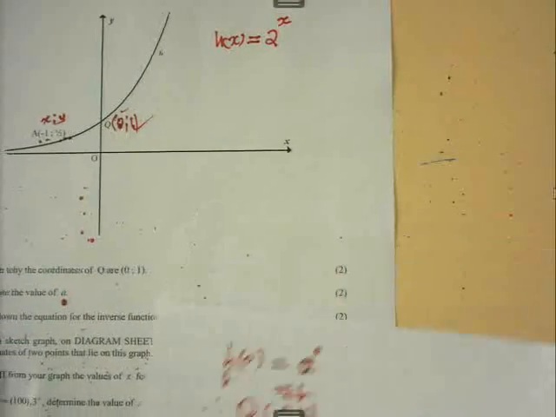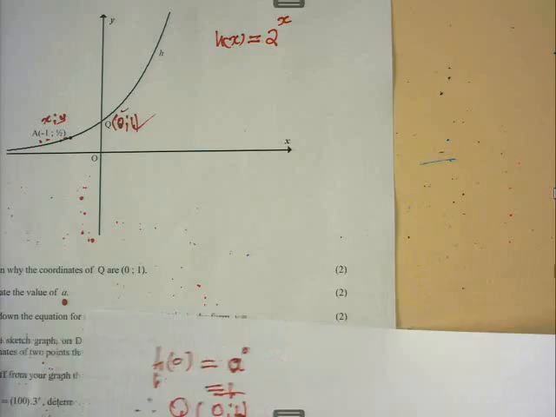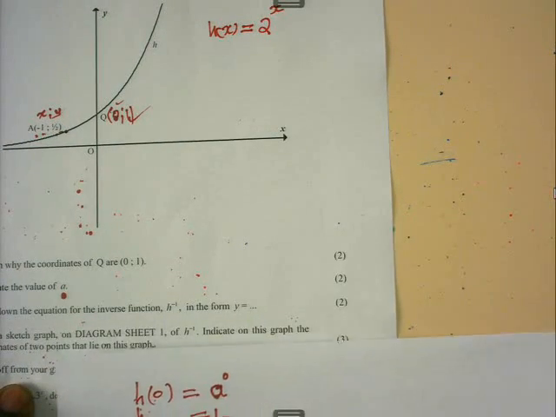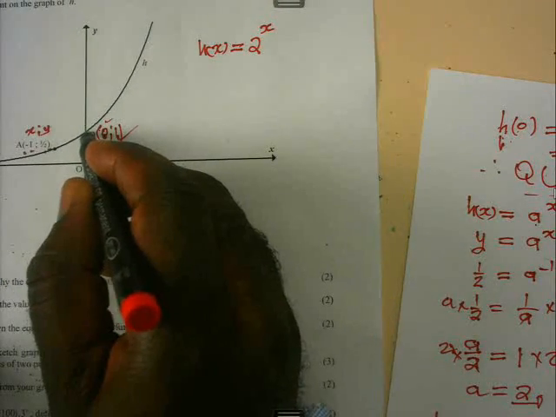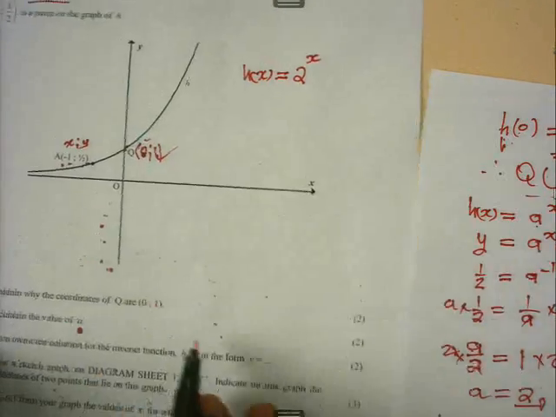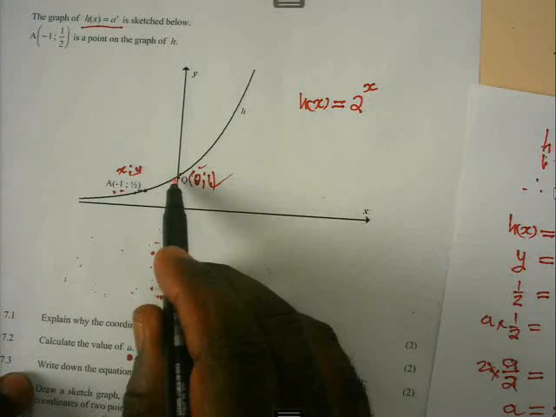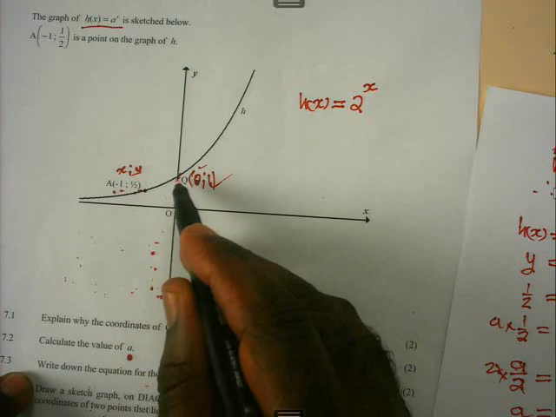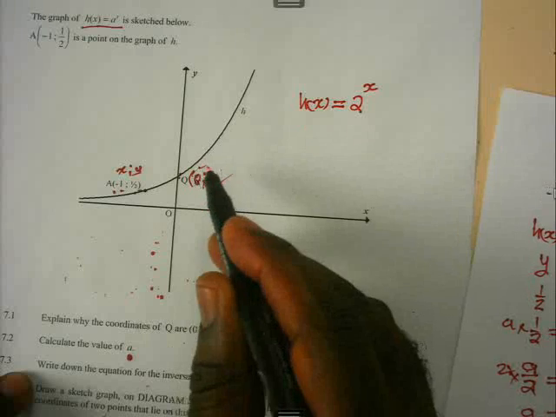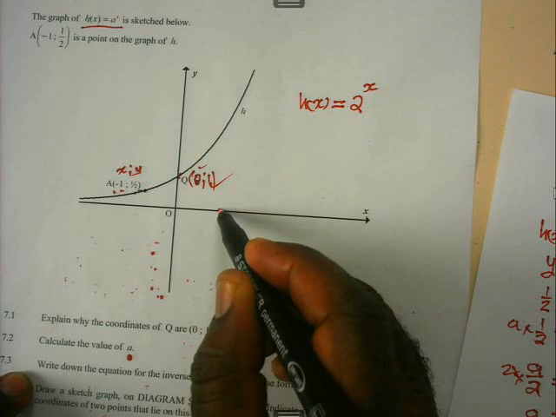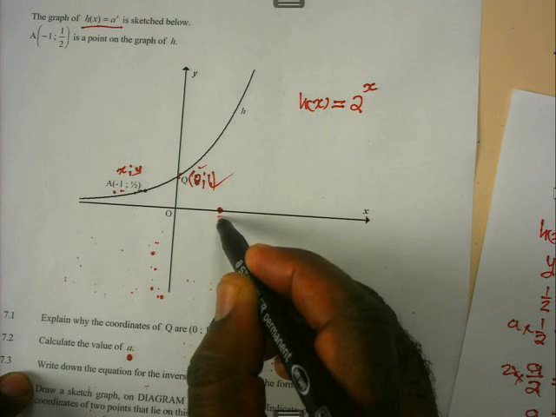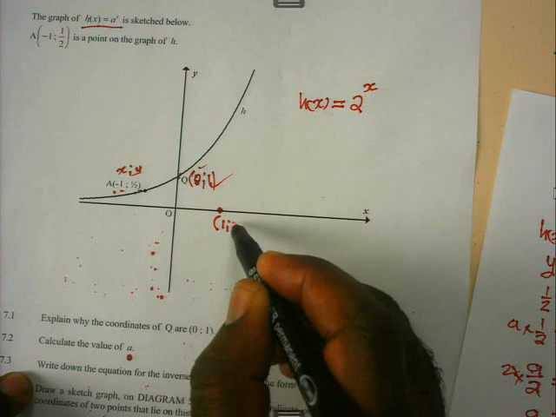Let's quickly go to 7.4. 7.4 requests of us to draw the inverse. If we have a look at the intercept of the main function h of x, the inverse of this, the log, must intercept the x-axis at a point with coordinates 1 and 0.